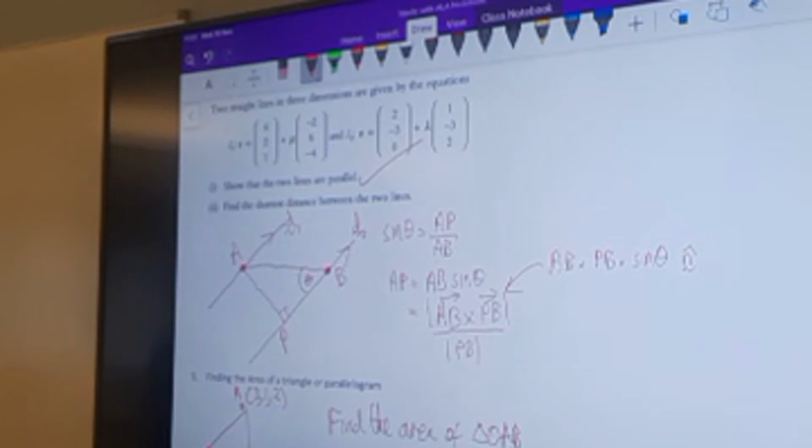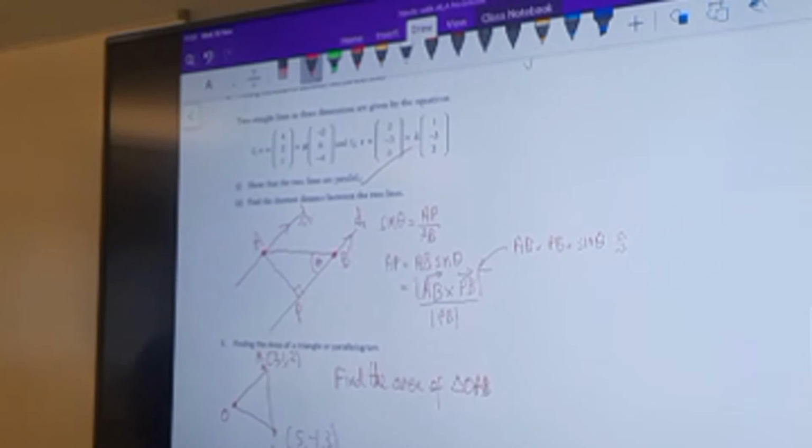Well, let's apply it; we don't really need to do every step. What's AB? Well, AB in this case is (-2, -5, -1). That's a vector between two arbitrary points on the line.